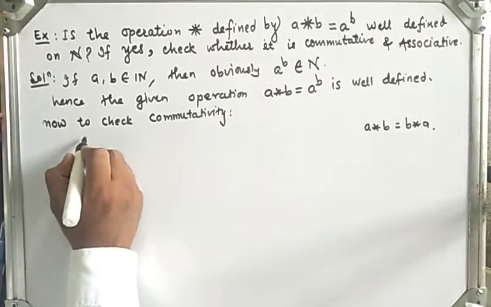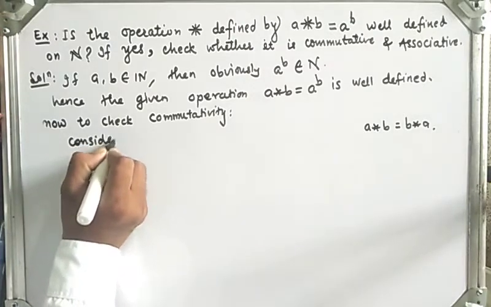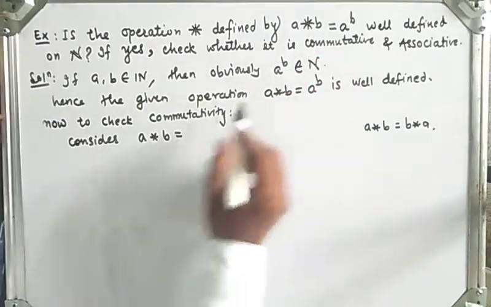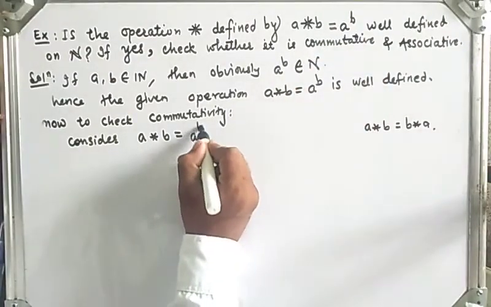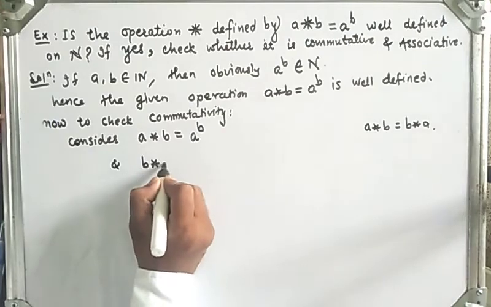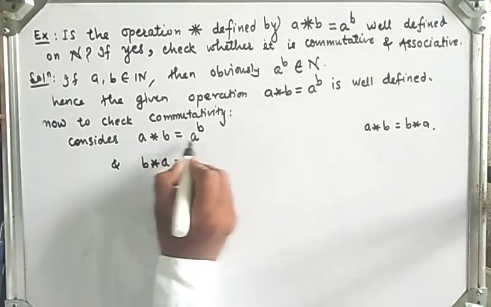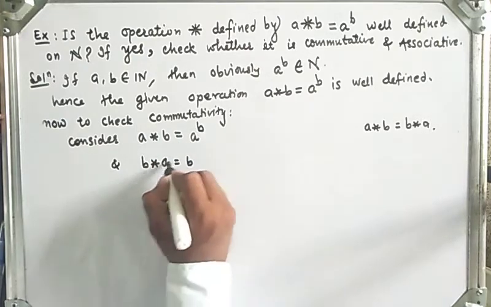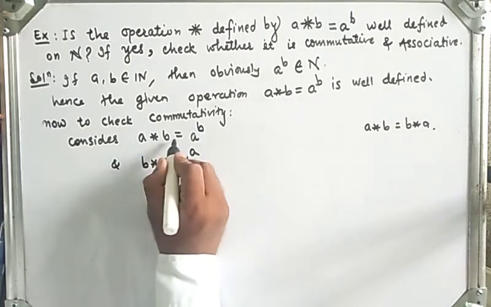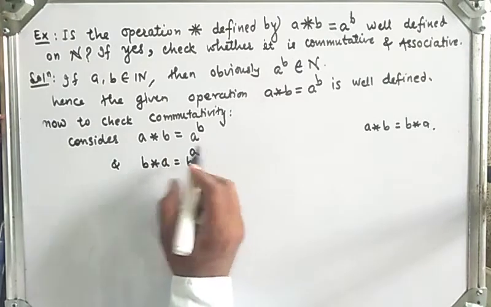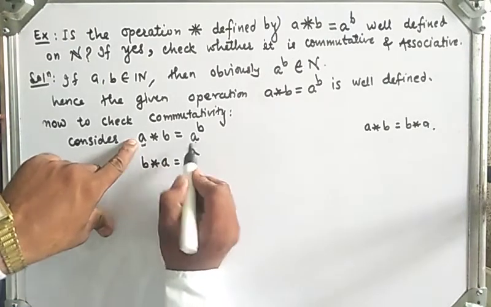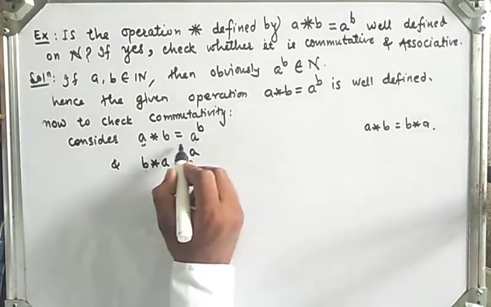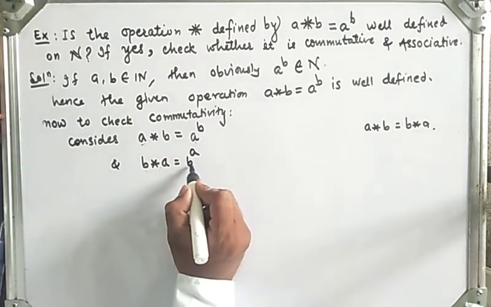So here consider a star b. A star b is a raised to b, and b star a is, so a is the base and b is the power, here b star a will be b is the base and a is the power. So a star b is a raised to b and b star a is b raised to a.